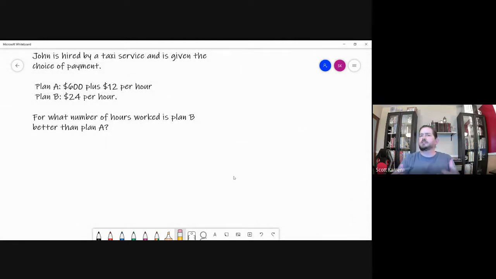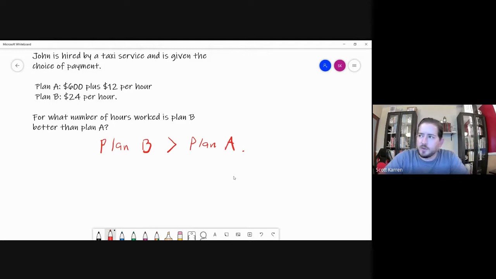They give us two plans, and we want to figure out at what point plan B is better than plan A. Plan B greater than plan A, or the income earned from plan B is greater than the income earned from plan A. So I want to write expressions for the plan B and plan A income.